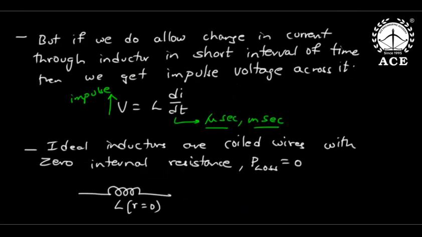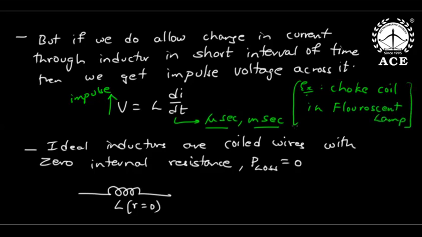That is the practical meaning. Here you can give the example of a choke coil in a tube light. I will write tube light, but that is not a good technical term: choke coil in a fluorescent lamp.